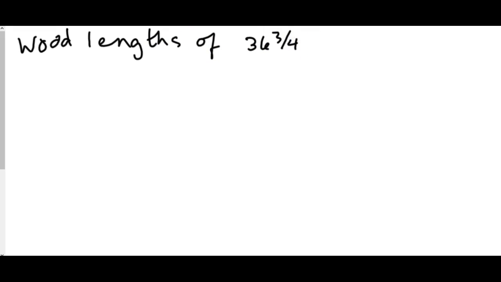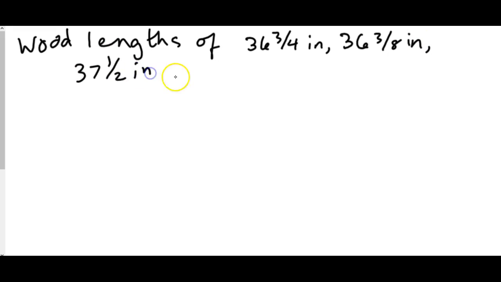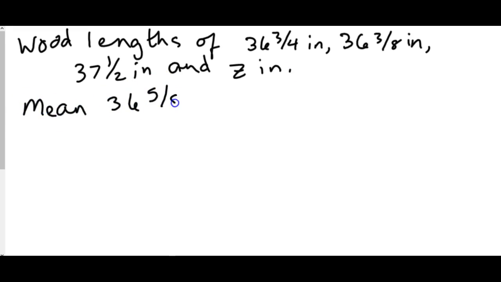So for example, let's say we're cutting some wood lengths, and we currently have wood lengths of 36 3/4 inches, 36 3/8 inch, 37 1/2 inches, and a value we don't know, so I'm going to call it Z inches. We don't know what it is, so we give it a letter. Let's say we know the mean is 36 5/8 inches.